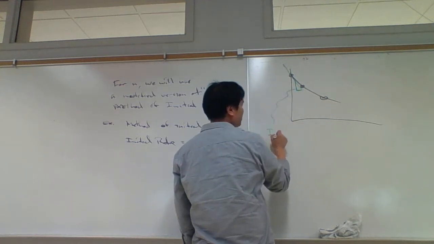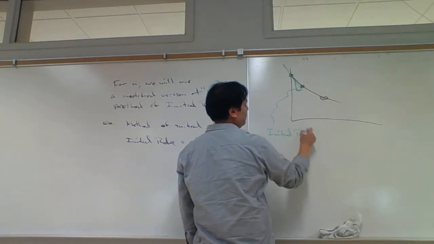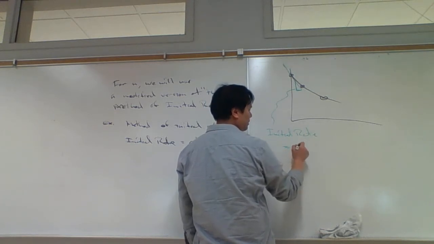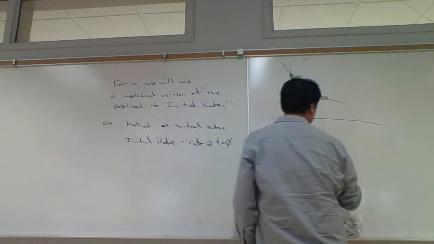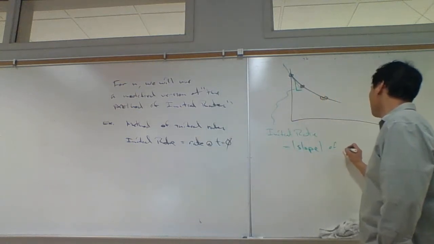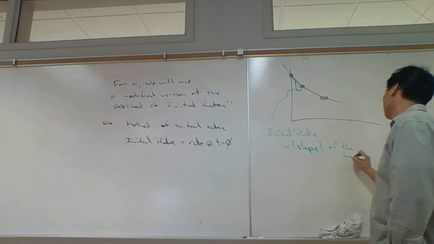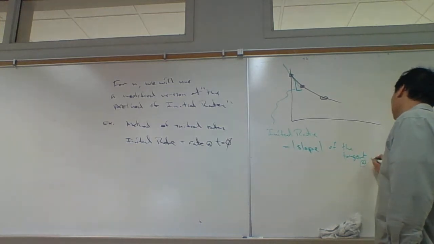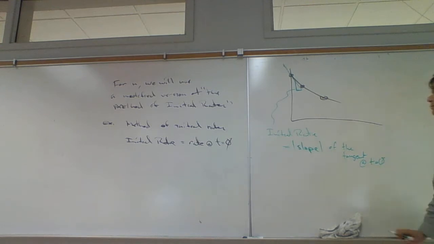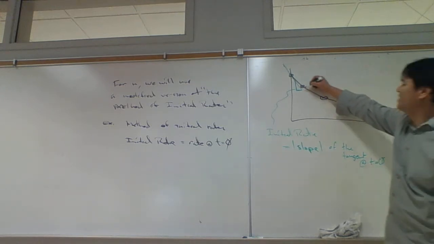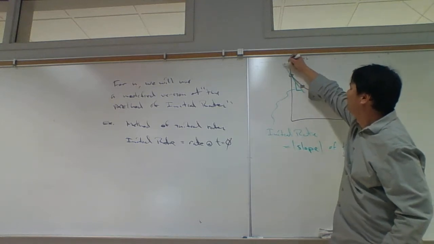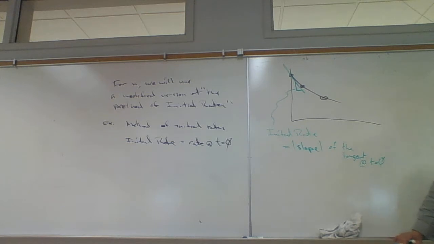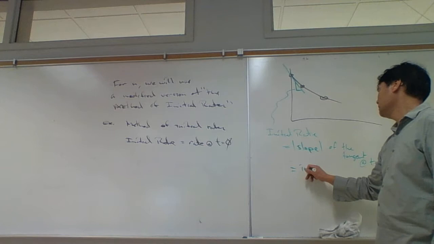And so the initial rate is equal to the slope of the tangent at time 0. In other words, it'd be the rate at time 0. The instantaneous rate at time 0.